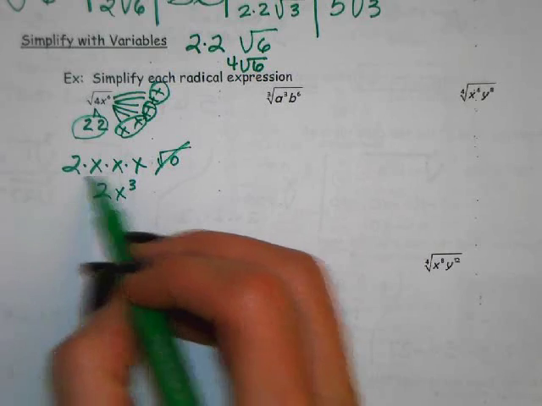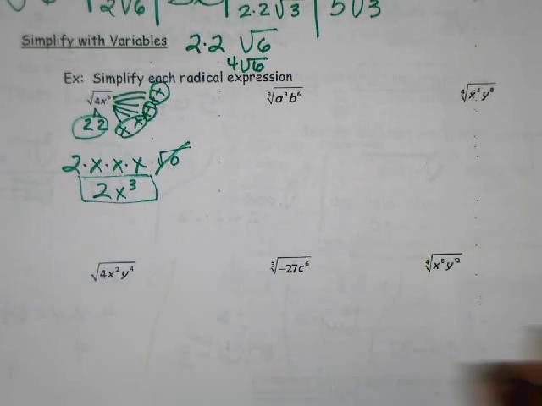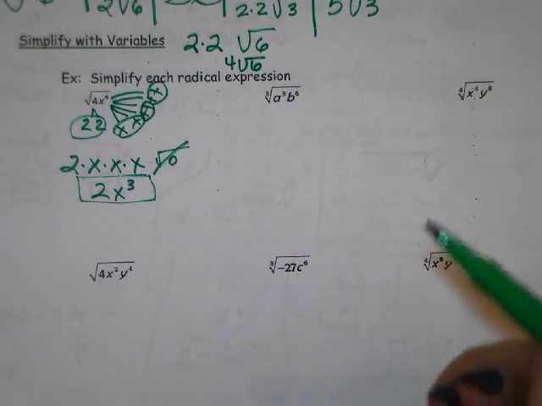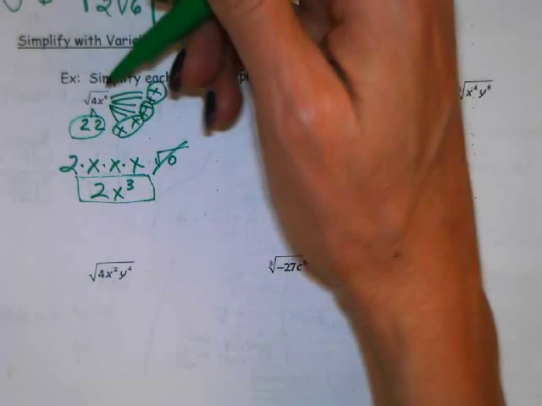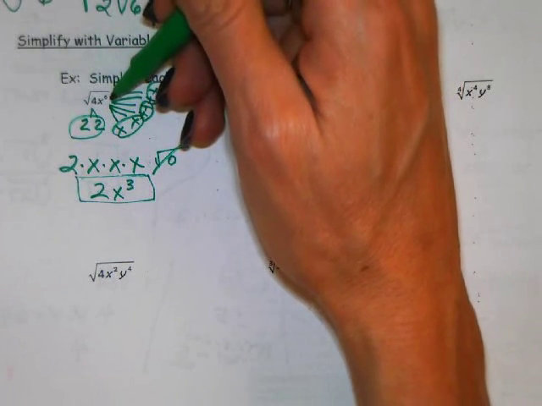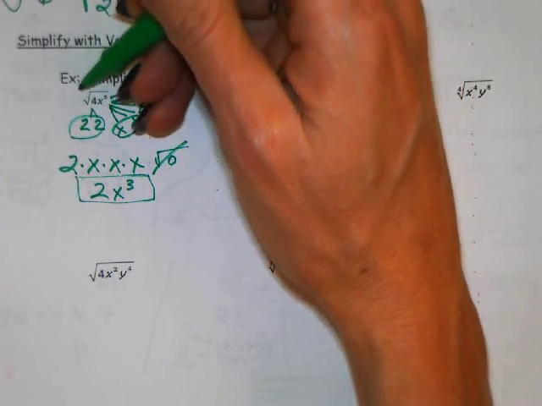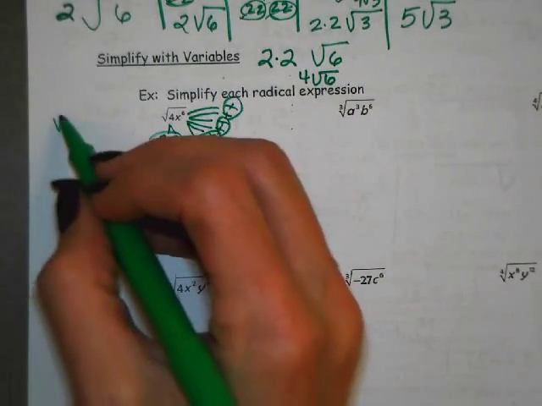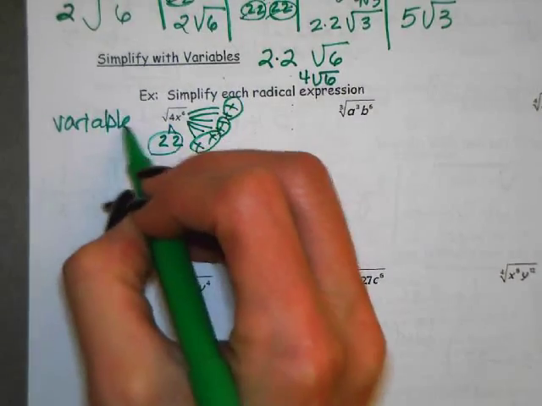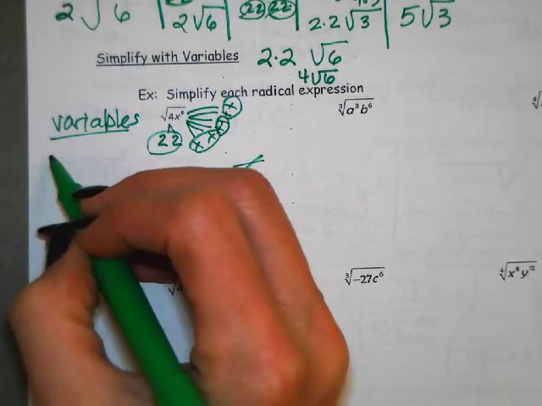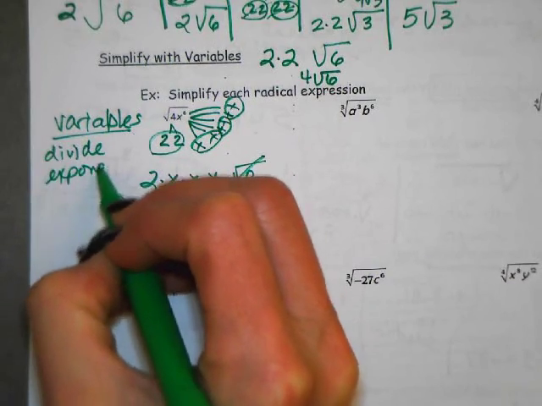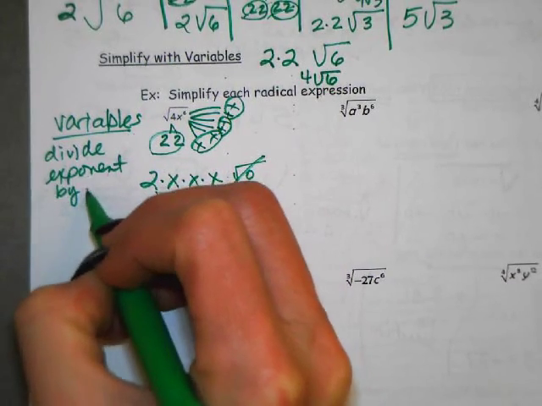Okay? Well, that is going to be a lot of work if I have a lot of variables and a lot of exponents, right? So how you want to work with exponents is, take the variable's exponent underneath the radical sign and divide it by the index. So for variables, you want to divide the exponent by the index.